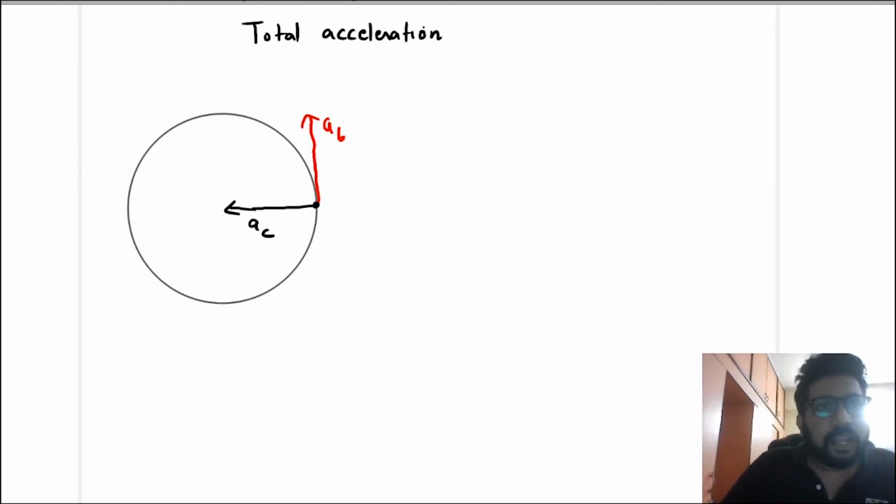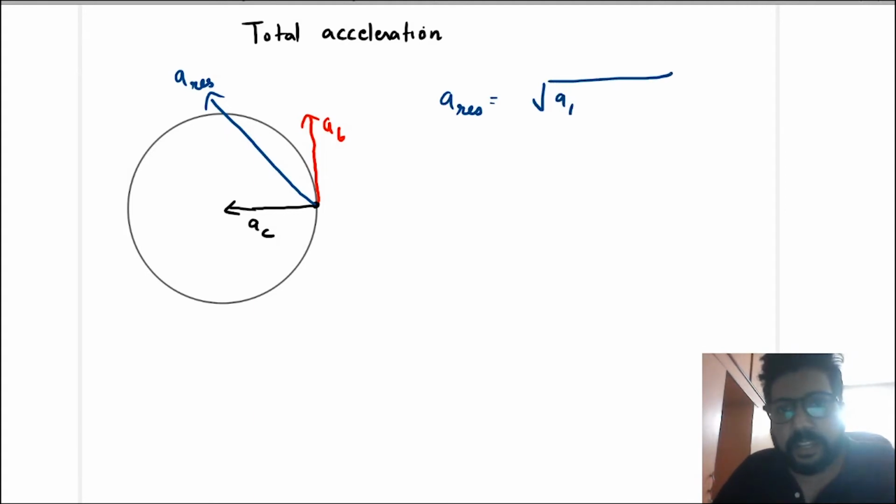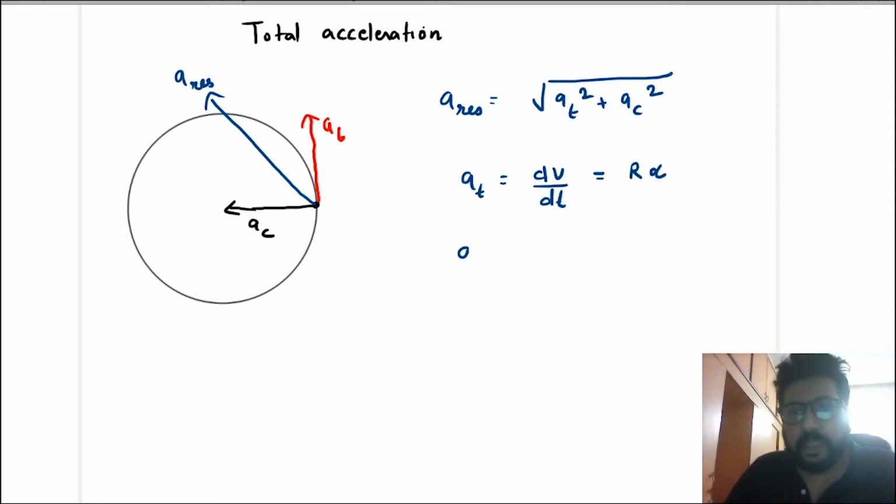Then the total acceleration is along this direction and we will call it a resultant. The resultant acceleration will be, magnitude wise, under root AT square plus AC square, where AT is dv by dt, rate of change of speed, and this is also equal to r alpha, and AC is equal to v square by r or omega square r or v omega.